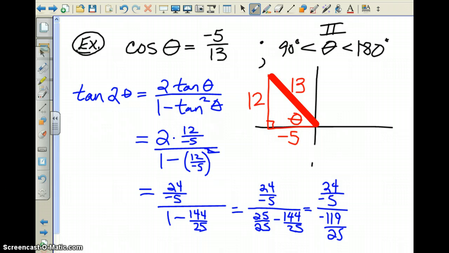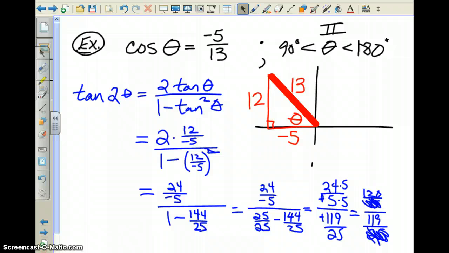Now we need to simplify this mess here with the complex fraction. Automatically I see these two negatives are going to divide out and make positives, so let's just get rid of those negatives. And now I'm going to go about this by getting a common denominator throughout. So if I multiply this top fraction by 5, that will give me 120 25ths over 119 25ths. And then the 25s cancel out. And voila, there is our tan of 2 theta, 120 over 119.